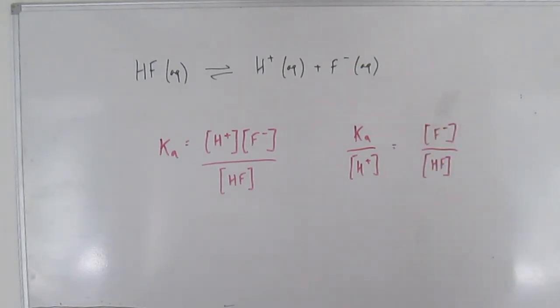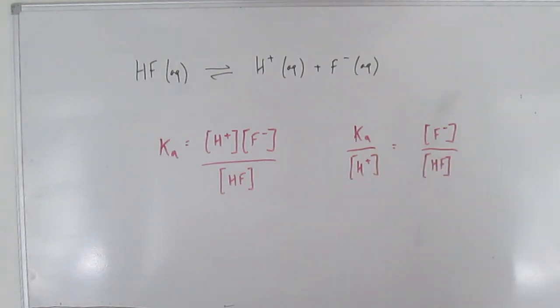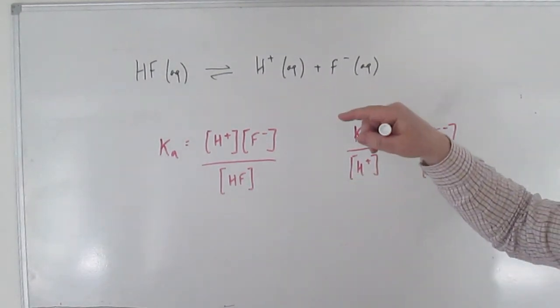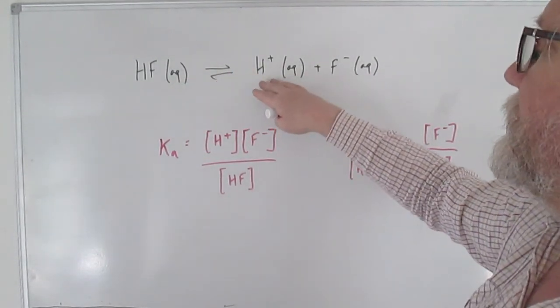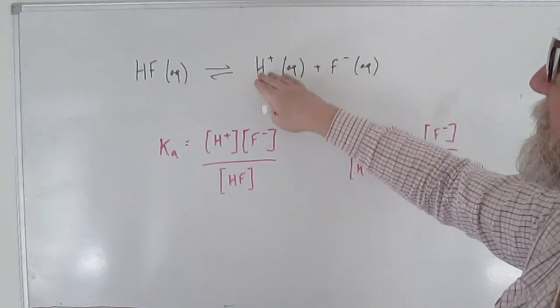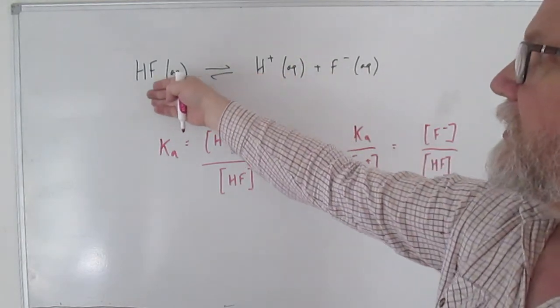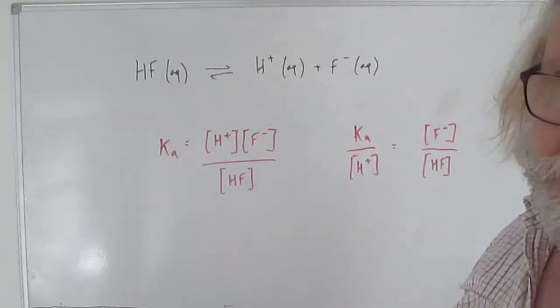Now that's a very interesting expression, because this term on the right hand side is a way of measuring what proportion of the acid is ionized, and you can see that it gives that as a function of the H+ concentration, because as you increase the H+ concentration in solution, so if you had HF and you, for example, added some extra acid like hydrochloric acid to increase the H+ concentration, it'll drive this equilibrium to the left, and so the proportion of F- relative to HF will decrease.